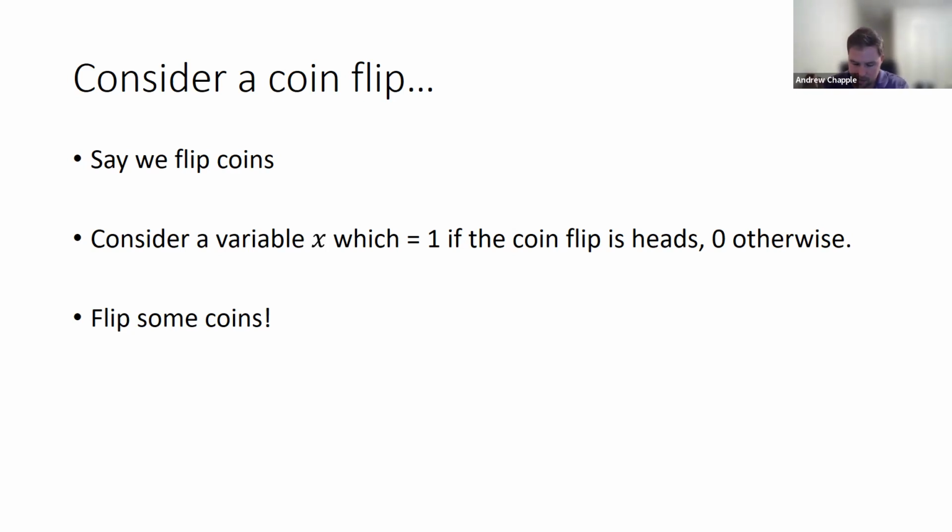Flip it again. I get a heads, so X is a 1. I get a heads, so X is a 1. I get a tails, so X is a 0. And I get a tails, so X is a 0. All in all, I flipped the coin 5 times. I got 3 tails, 2 heads. So I got 3 zeros and 2 ones for X.